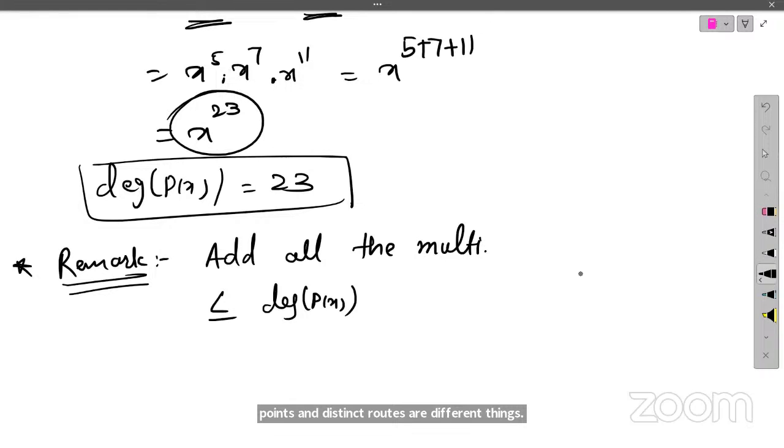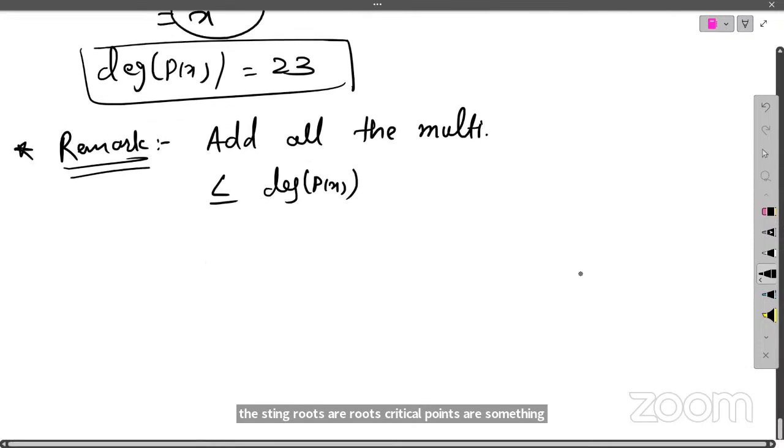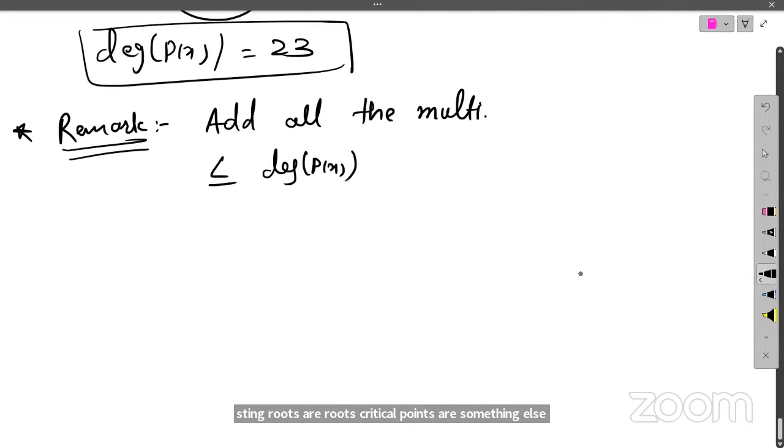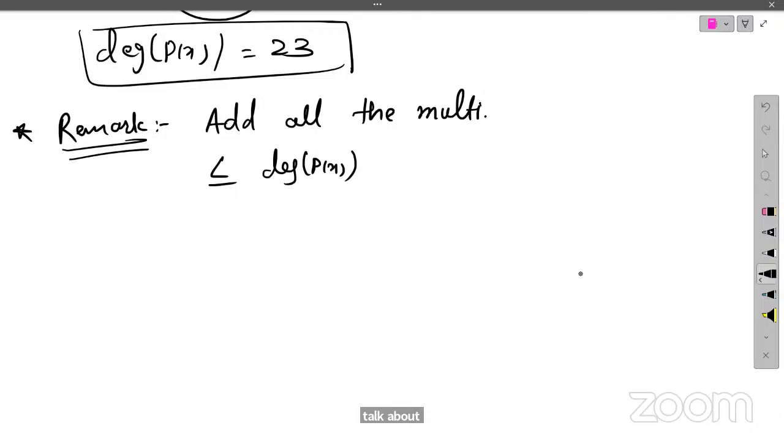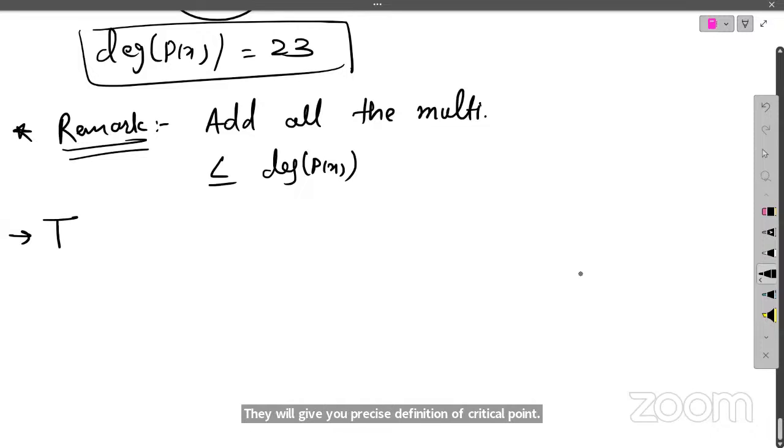Distinct roots are roots, critical points are something else. You'll get to learn about critical points when we talk about differentiability, where I will give you the precise definition of a critical point. So now let's go toward the turning point.